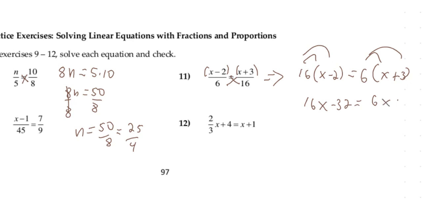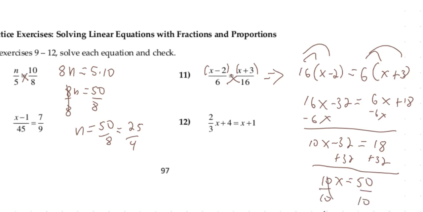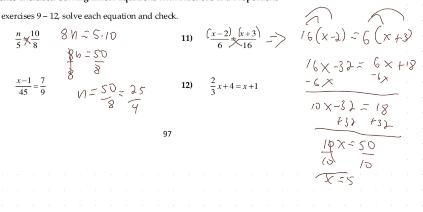Equals 6x plus 18. Subtract 6x from both sides. And you get 10x minus 32 equals 18. Add 32 to both sides. And you're left with 10x equals, what is that, 50? And then to finish the problem, divide everything by 10. Ooh, that was a long problem, but you get x equals 5.